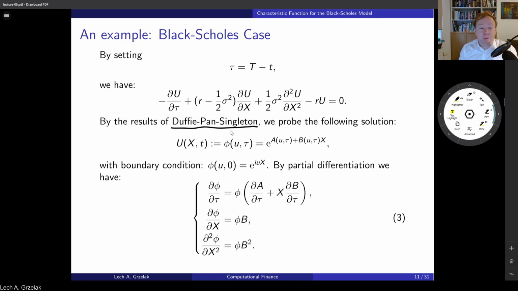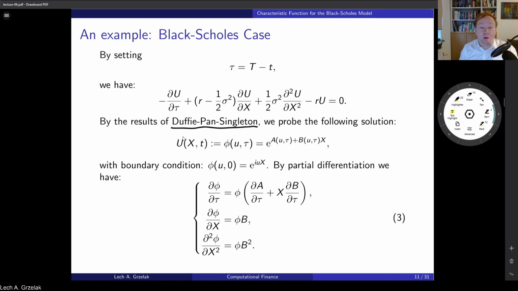But for now, we can just take it as granted and check if it is indeed the case. So of course, as we had in the transformation from S to X when we had log transformation, now we have to substitute. So we have this u of tau, and of course those derivatives. You see that we had derivative of u with respect to tau, u with respect to x, and u_x squared. Phi function also depends on tau and x.